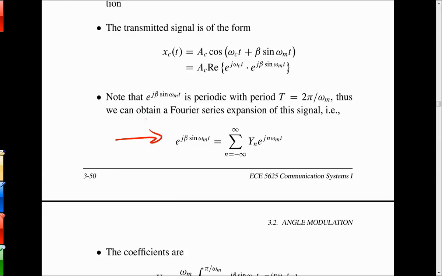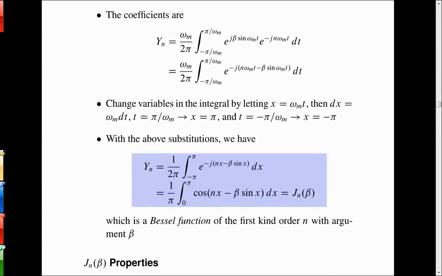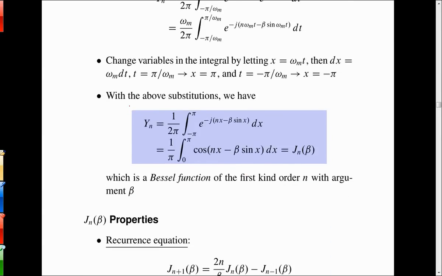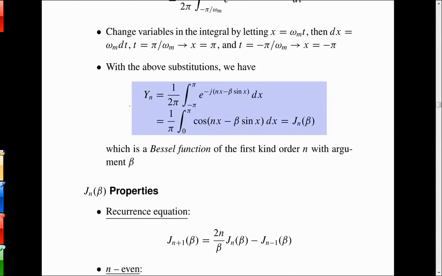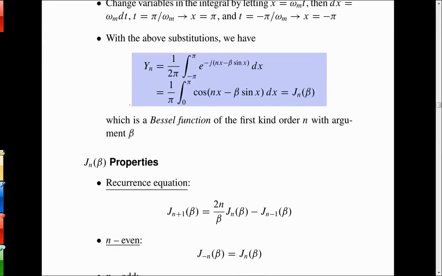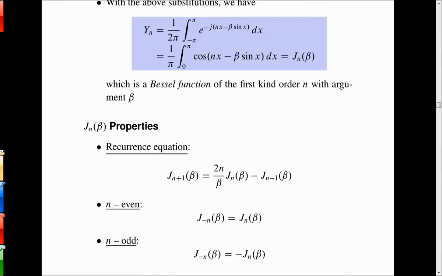Because it's periodic, we said we need a Fourier series representation for that. And the Fourier series representation involves coefficients that are the Jn Bessel functions, a special function, like I said. I think you mostly said that you hadn't seen it before, maybe bumped into it in differential equations.